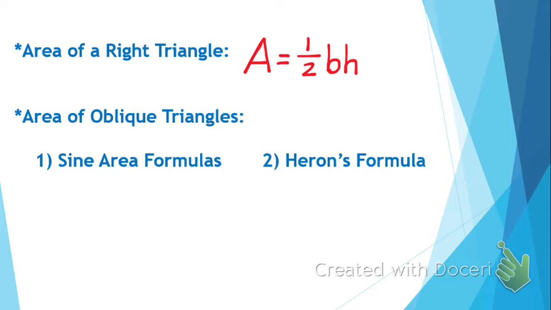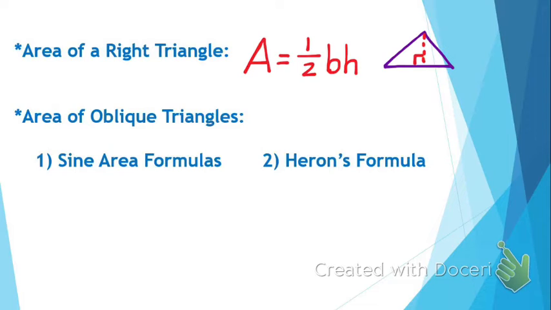So for example, if you have just a regular triangle, the height is the distance and is always connected to a 90-degree angle. That's what you need to remember, is that the height is not necessarily a side of the triangle. It's only a side if we're talking about a right triangle.